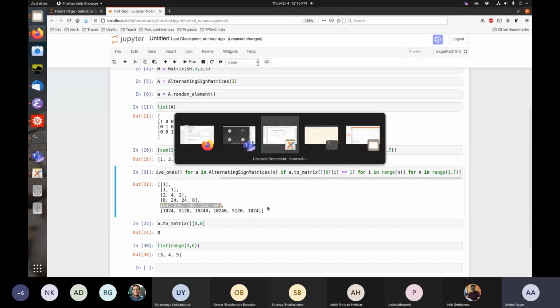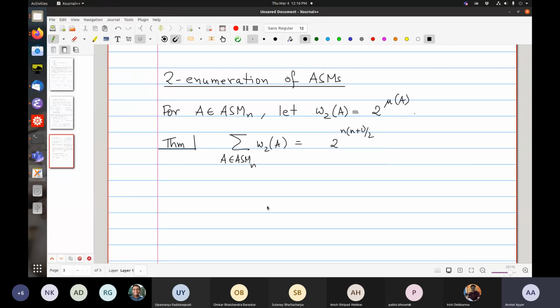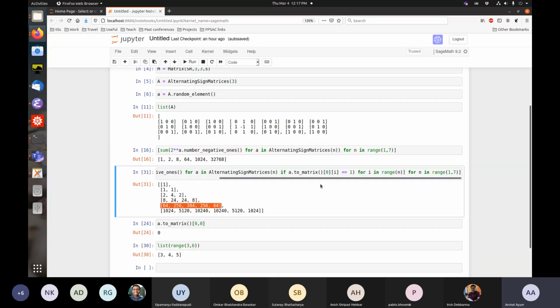Okay, so maybe I'll write it here. So this is A and B. The sum over A in ASM of n, A1j is 1, W2 of A is 2 to the, now n choose 2, you go one level lower. This 8 is clear.